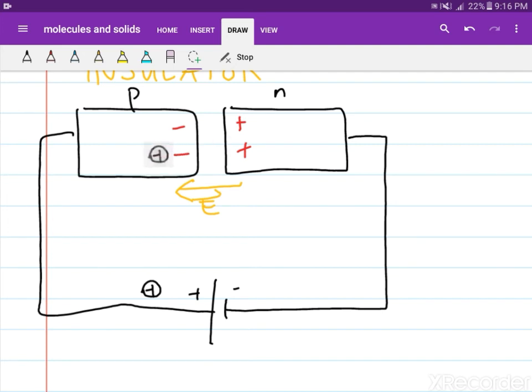So it cannot actually travel here and then complete the cycle. So there will be effectively no current. So let me write here depletion region.